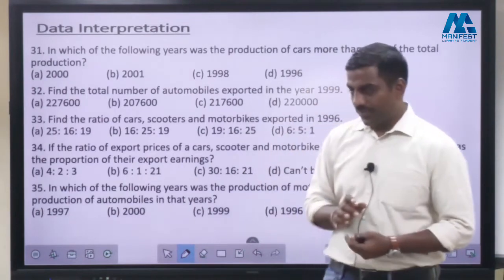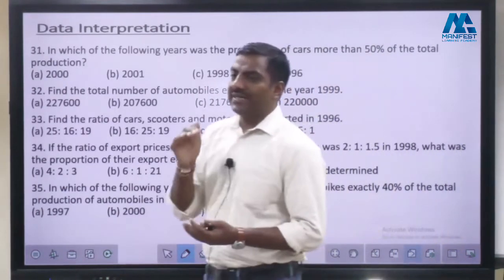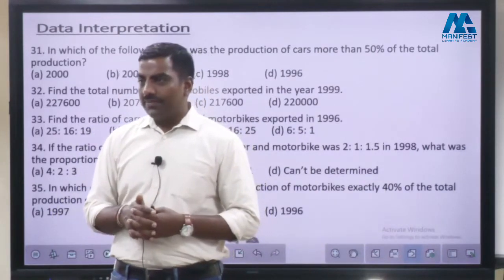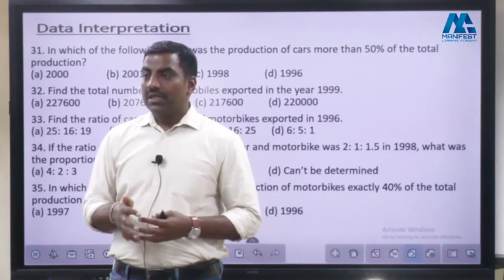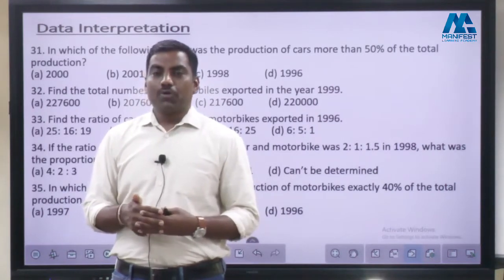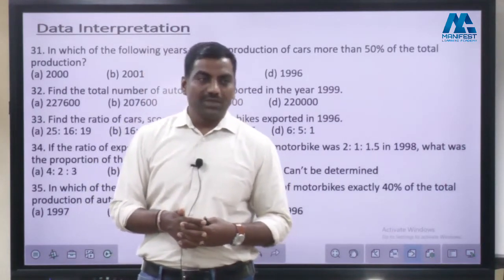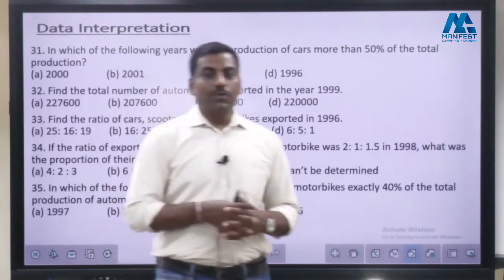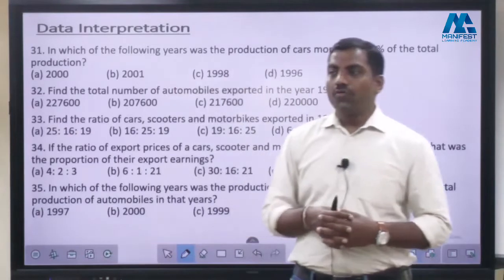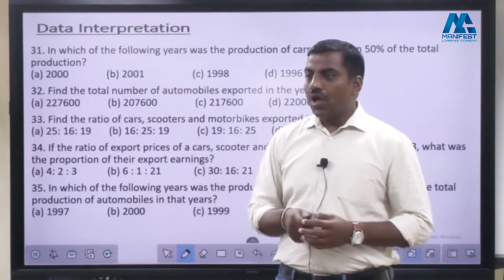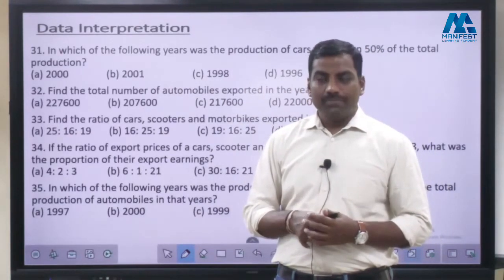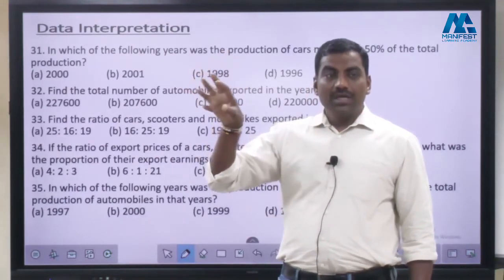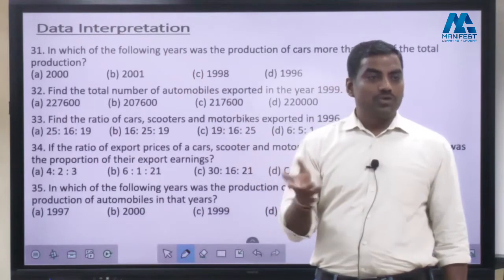Or simple. Here scooters, cars and motorbikes are being produced. In one year, if the car production is more than 50% of the total production, can I say in a year, if total production was 100, you have to look for more than 50. Or simple: cars number should be 50, scooter plus motorbikes number should be 50.